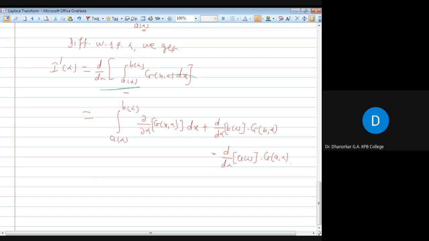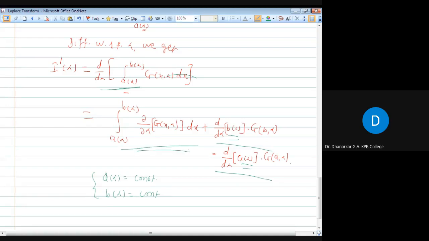If a of alpha is equal to a constant and b of alpha is again a constant, why am I taking this particular case? Because this is a particular case in our problem. If both are constant, this derivative becomes 0 and this derivative becomes 0. Means that whole part becomes 0, and only this part survives.